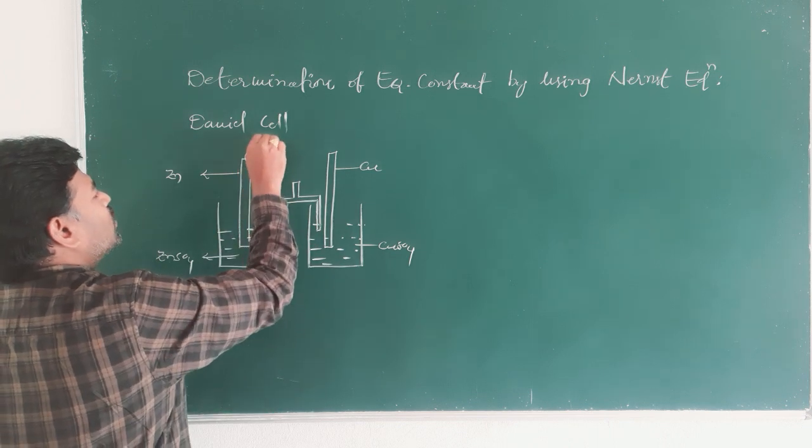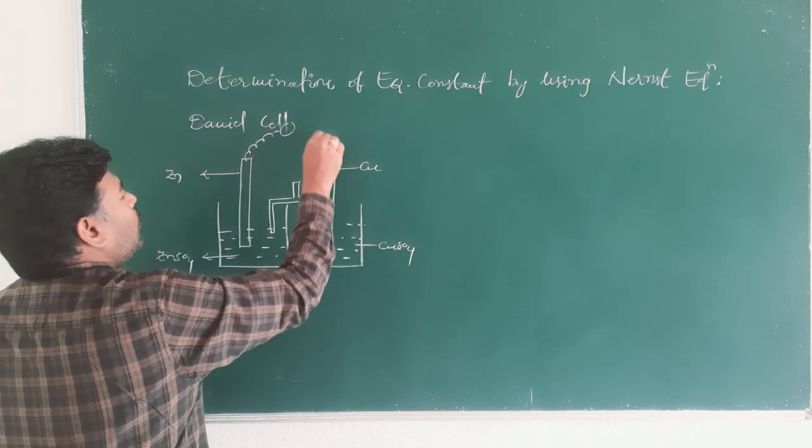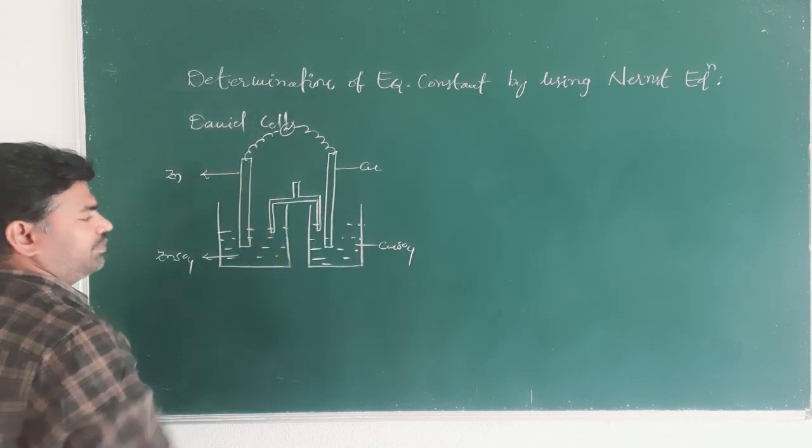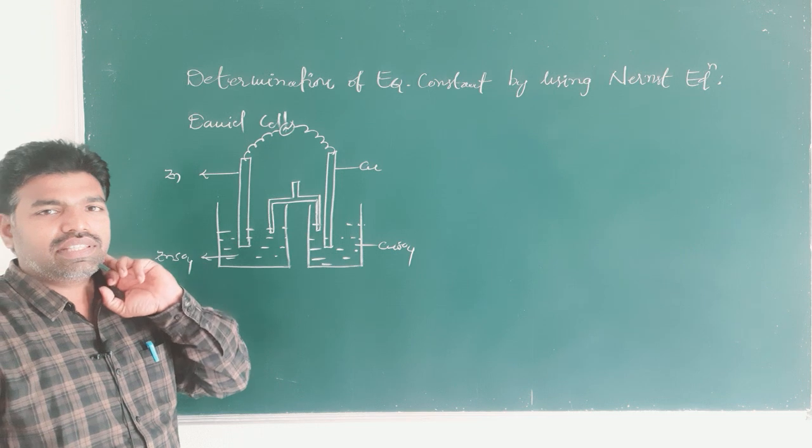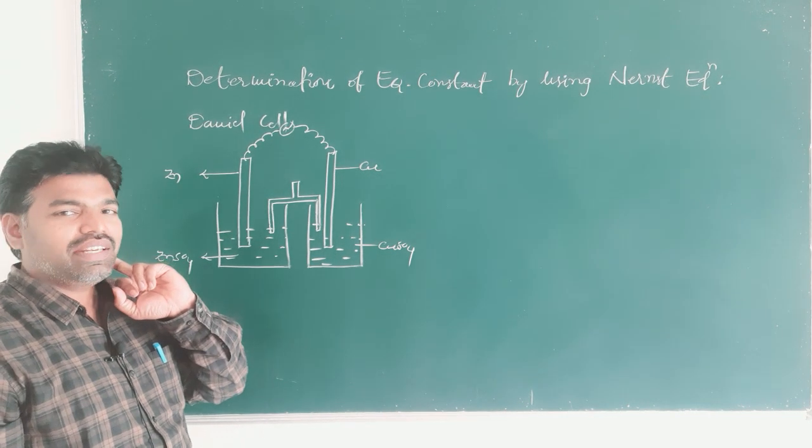And these two electrodes are connected to a voltmeter or ammeter, right? This is Daniell cell.